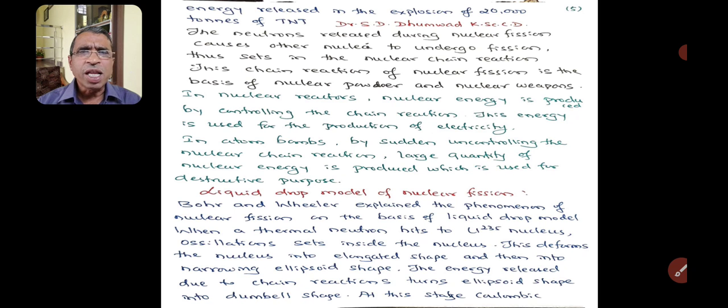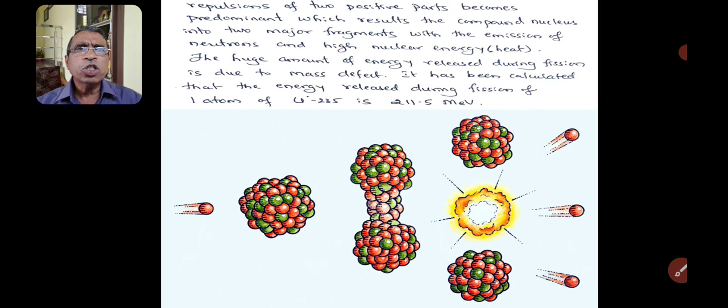The energy released turns the ellipsoid shape into a dumbbell shape. At this stage, Coulombic repulsion of the two positive parts becomes predominant, which splits the compound nucleus into two major fragments with the emission of neutrons and high nuclear energy in the form of heat.